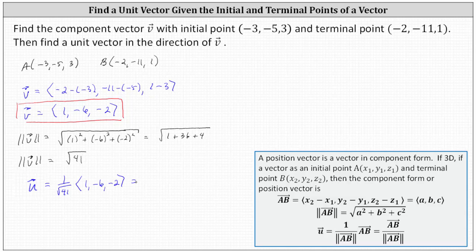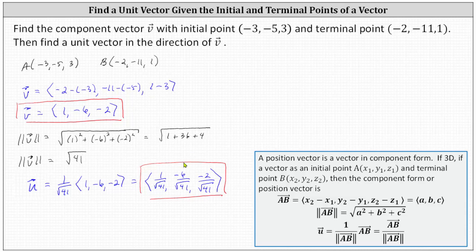Performing the scalar multiplication, the unit vector in the direction of vector v has an x component of 1 divided by the square root of 41, a y component of -6 divided by the square root of 41, and a z component of -2 divided by the square root of 41.